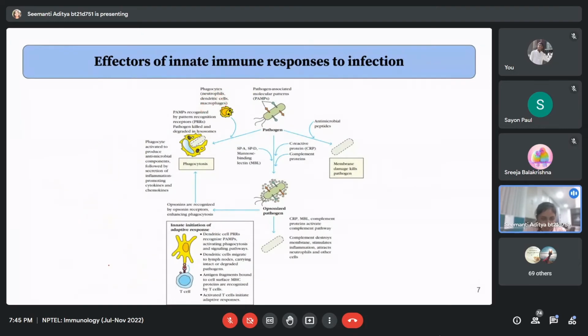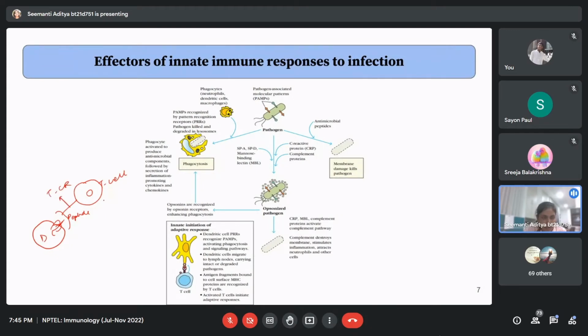Again, I'll draw. This is the peptide. The dendritic cell will bind to the T cell through the T cell receptor.